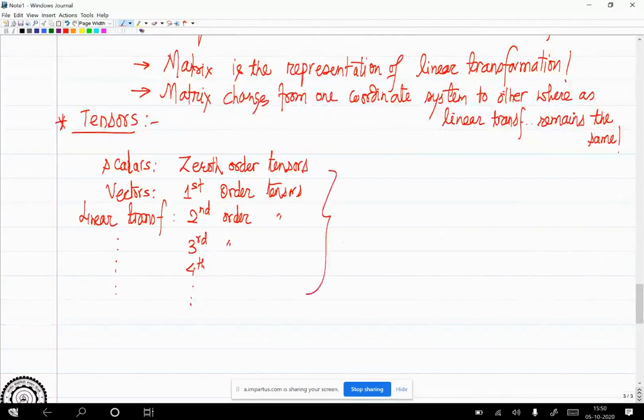All of them are independent of coordinate system, but their representation will be dependent on the coordinate system. And we'll also soon see what is the meaning of these orders.